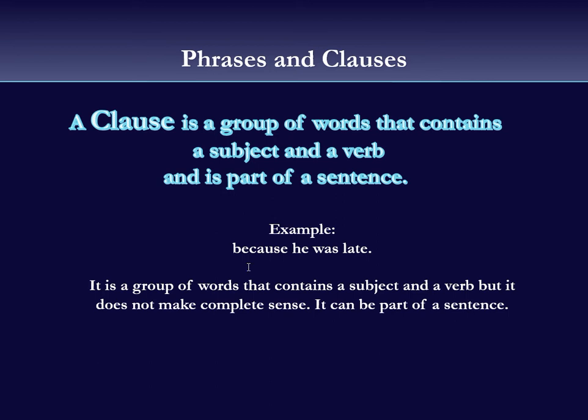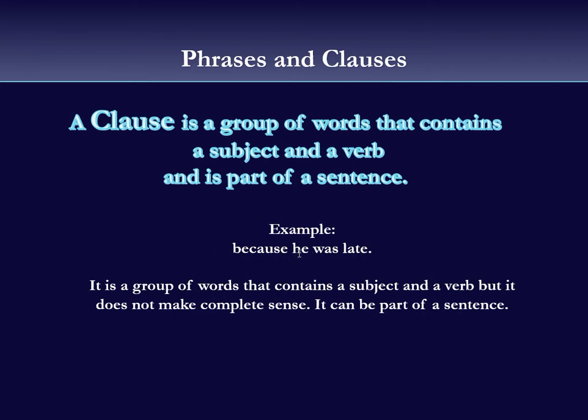When we read this example, because he was late, we can understand that it is part of a sentence. It does not tell the whole thing on its own. When we read this, we think, why was he late? This does not tell the reason. We can understand that the reason should come before this group of words.